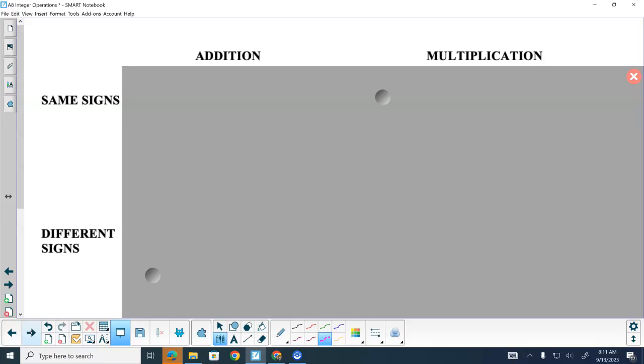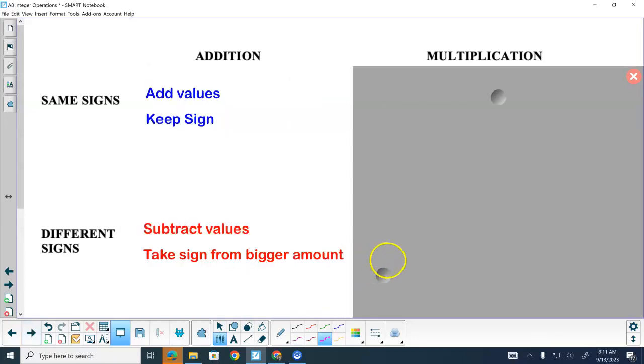What if the signs are different? Subtract, and take the sign of the bigger one. Yep, okay. Fill that in.